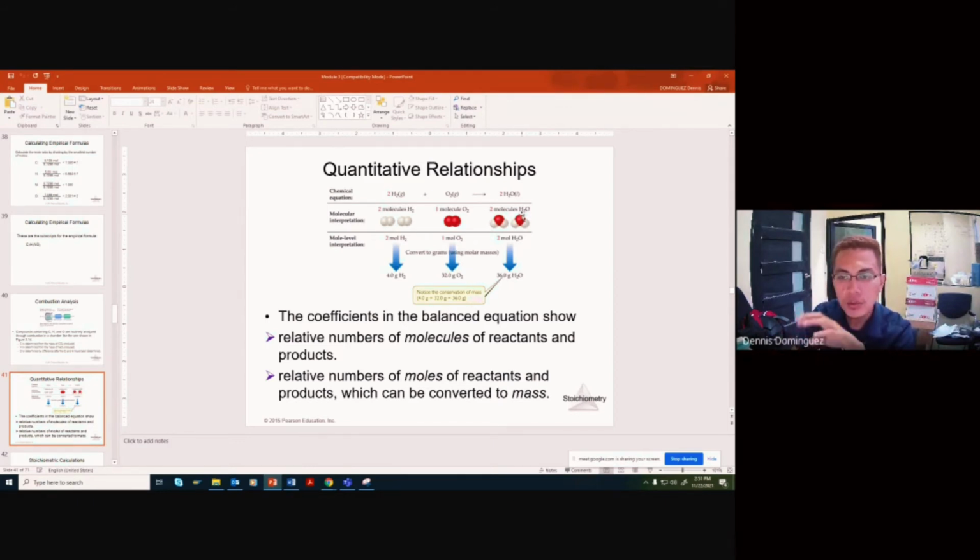If you have 25 grams of water produced in the reaction of hydrogen and oxygen, how much hydrogen is needed? You need the balanced equation to get the relationship of the moles.